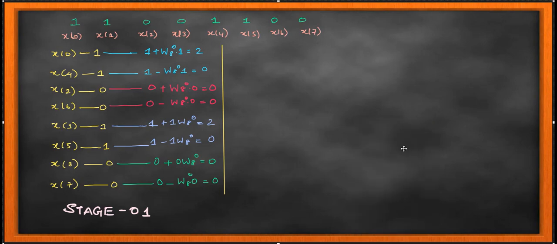Alright, so this is 1 plus W80 1, 1 minus W80 0, 0 plus, 0 minus, 1 plus, 1 minus, 0 plus. I have just written that, and the output is coming out to be 2000200. And these values I'm carrying forward, taking to my stage 2.